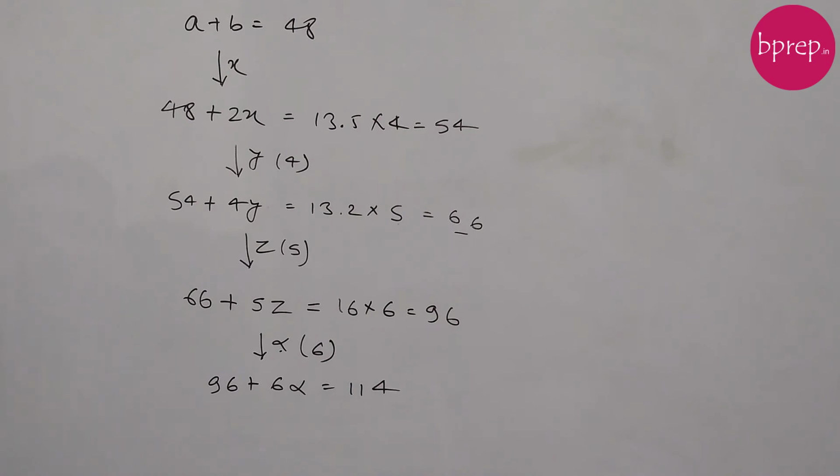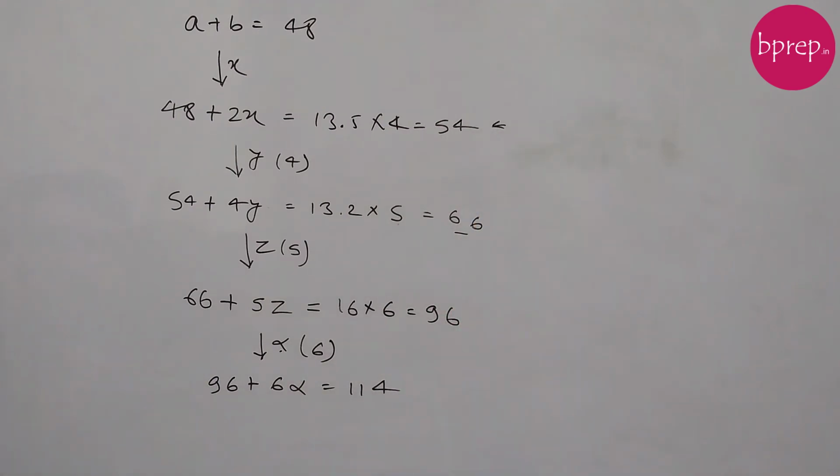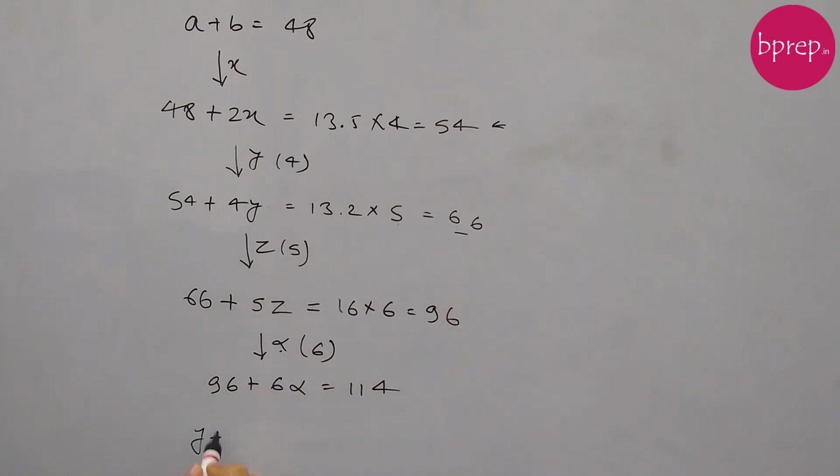Because we have 19 into 6. So what is the current age of the twin children? Twin children were born here. So the current age of twins will be Y plus Z plus alpha.